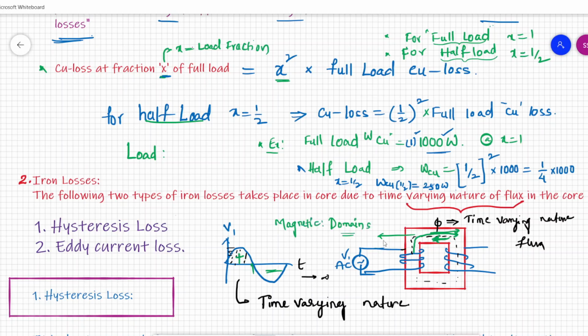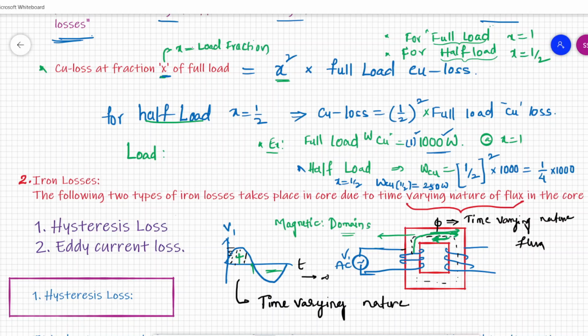These domains will try to move forward for the positive half cycle of current, and they will try to flow in reverse for the negative half cycle of supply current. So this reversal of magnetic domains will cause some power loss in the core.